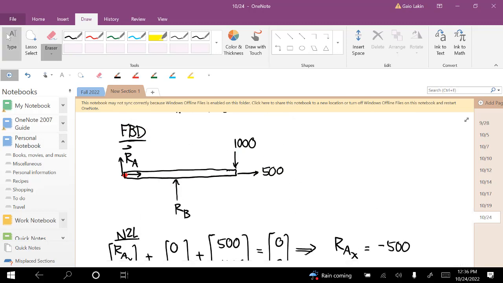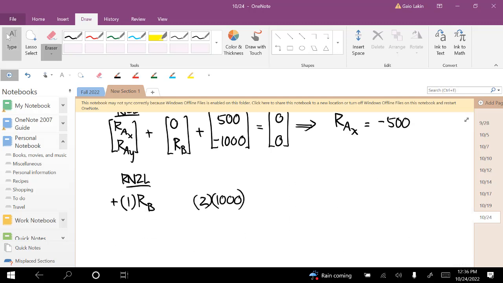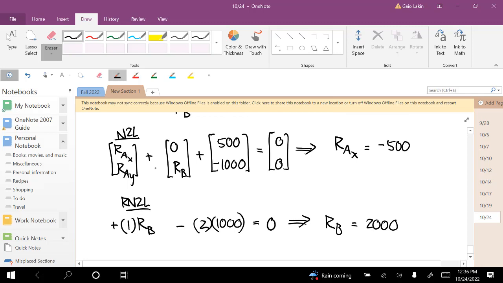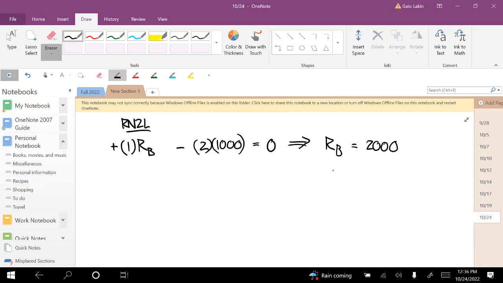And would that cause a clockwise or counterclockwise rotation? Clockwise, yep. And so RB is equal to 2,000. And so RA, or RAY, is negative 1,000.